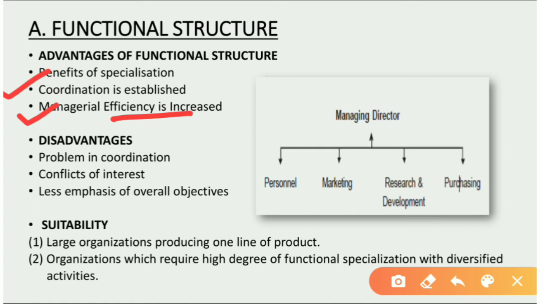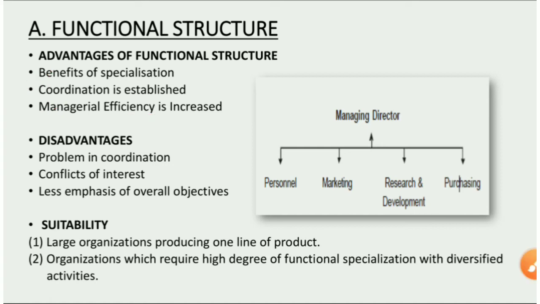They will not do any wastage, and this will lead to minimizing the cost. In this way the efficiency of the organization will develop by reducing the cost. Now these were the functional structure advantages.